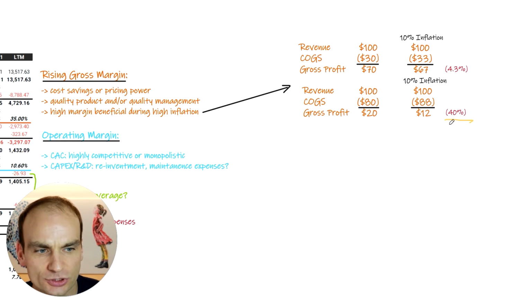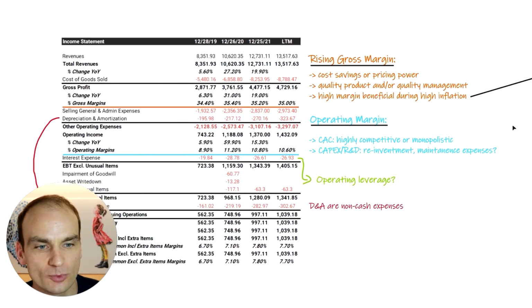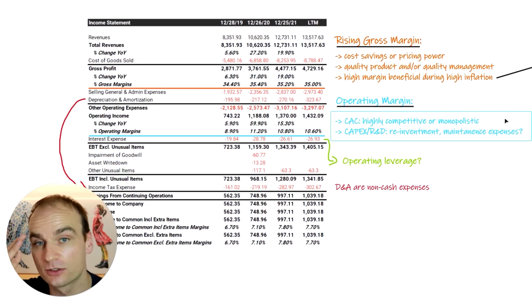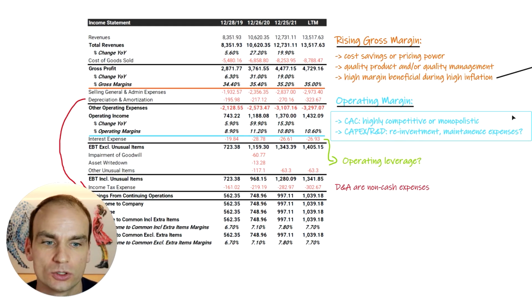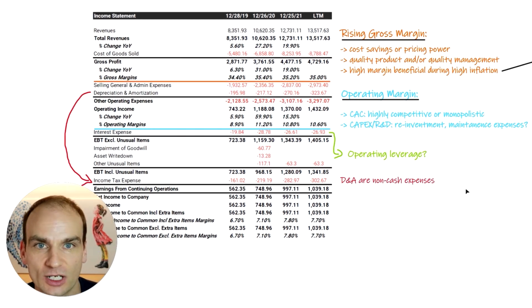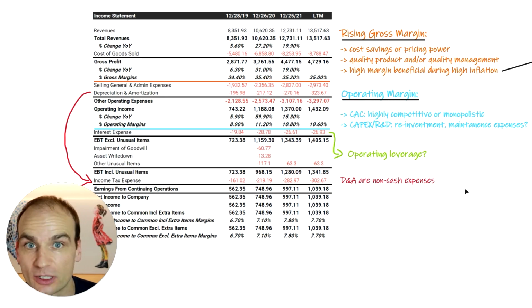So that's crucially important to recognize. The quality of the product is very important, but the higher margin companies should do a little bit better in passing on those costs. So gross margins can give us an indication. If we have a high gross margin in a higher inflationary world, it might actually fare an awful lot better than a lower margin business for those reasons.